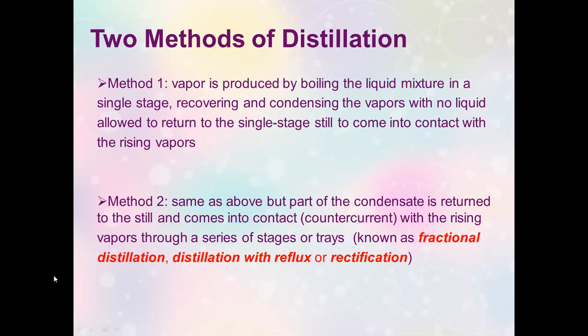Methods under this method 2 group are known as fractional distillation, distillation with reflux, or rectification. And by the way, these three mean the same: fractional distillation, distillation with reflux, or rectification. And it's under method 2. The first one does not have a reflux liquid.